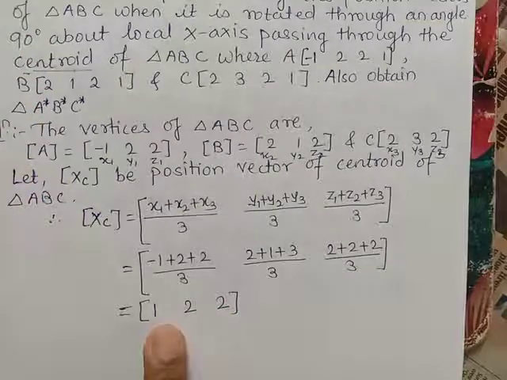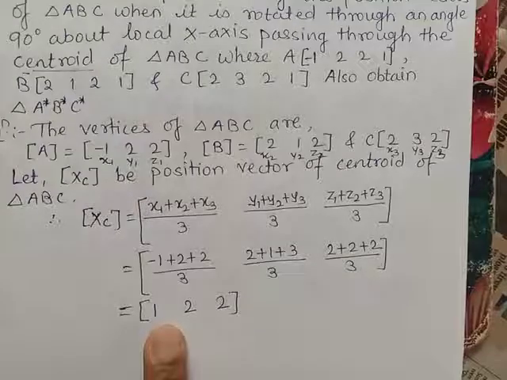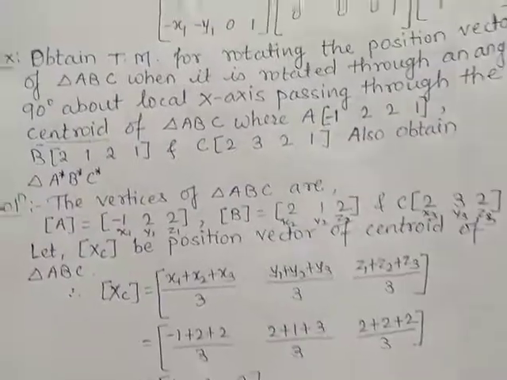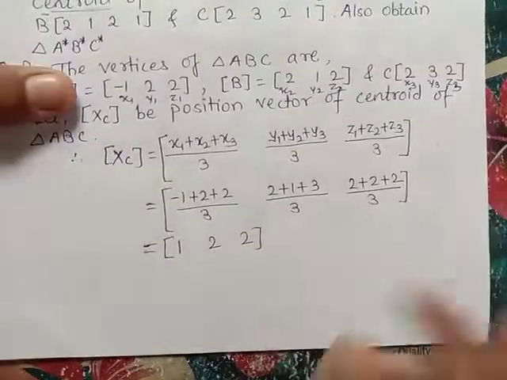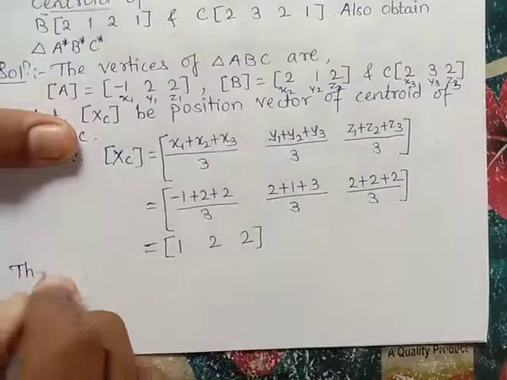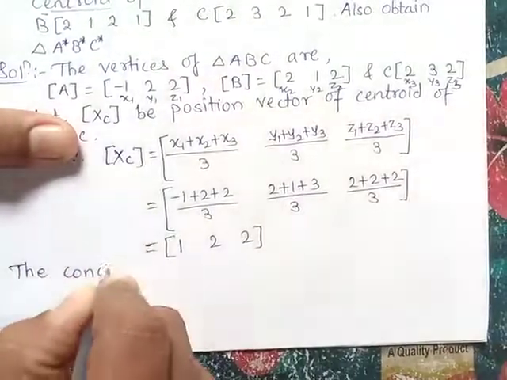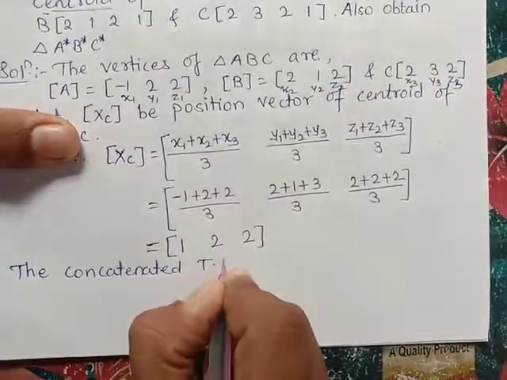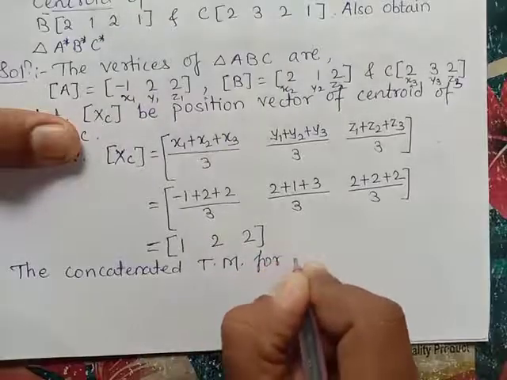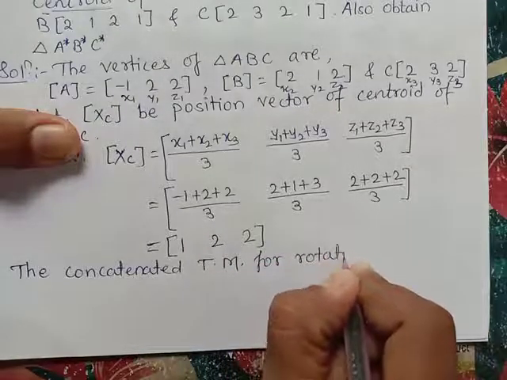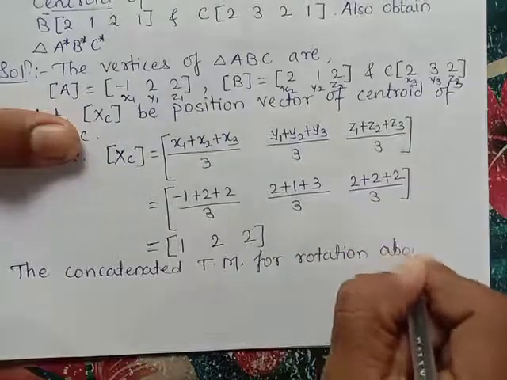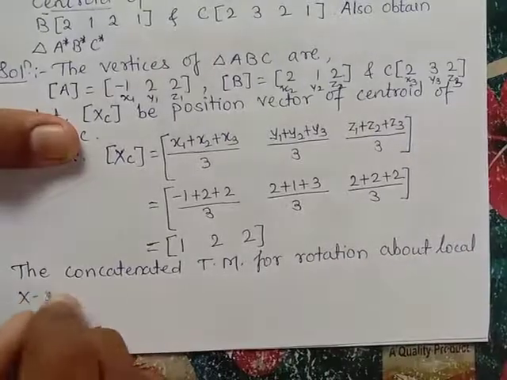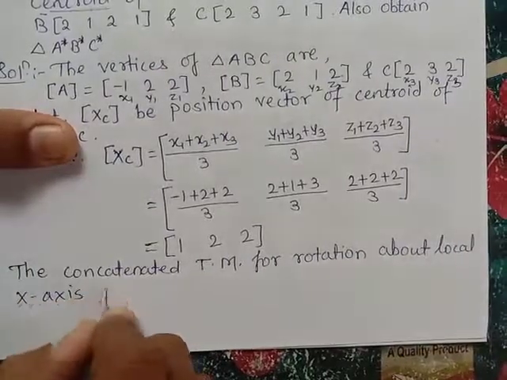Now after getting the centroid, let us find the concatenated transformation matrix for rotation about the local x-axis passing through this centroid.